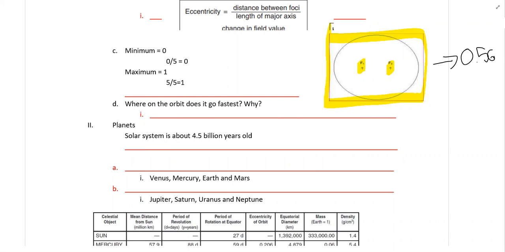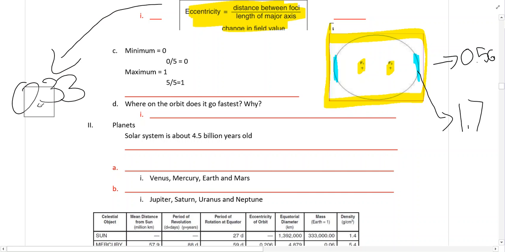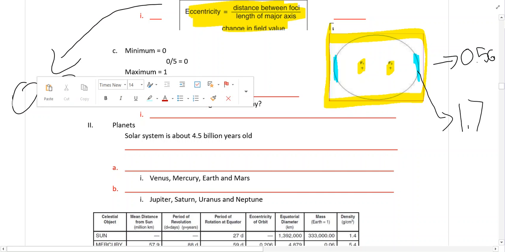For the length of the major axis, I'm going to measure from here to here, and for that one I got 1.7 inches. When I plug that into this equation, I get a number of around 0.33. There are no units on that number, and that's just my eccentricity.